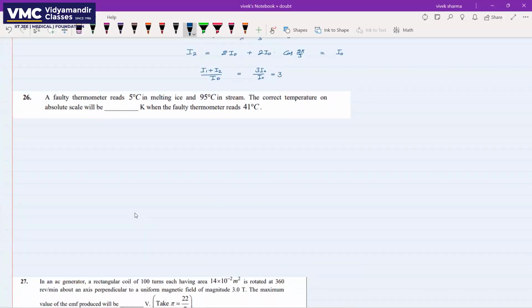Question number 26, it is of a faulty thermometer. For faulty thermometer, I can write it as reading x minus lower fixed point divided by upper fixed point minus lower fixed point, and that will remain constant.